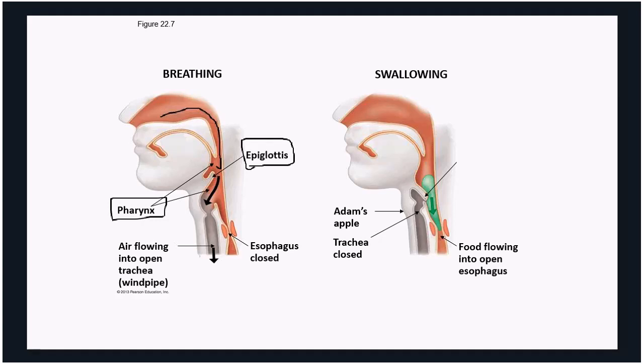Your throat moves a little bit as you swallow, and that process is actually causing your epiglottis here to close over top of your trachea, so that when you swallow, food is going past it into your esophagus. Sometimes that messes up a little bit and you cough and hack because food's going down the wrong hole, right? But ideally the epiglottis protects it and you can swallow without choking.